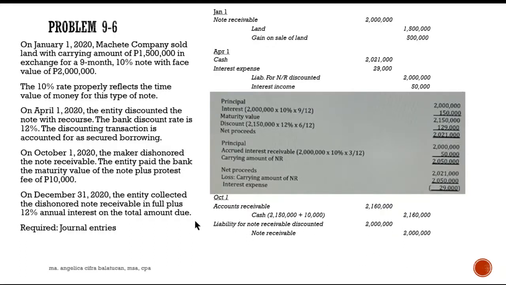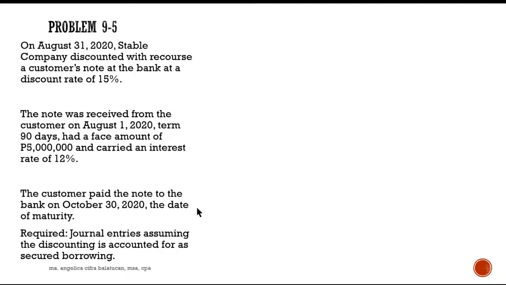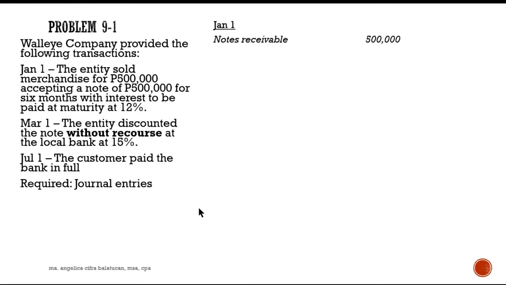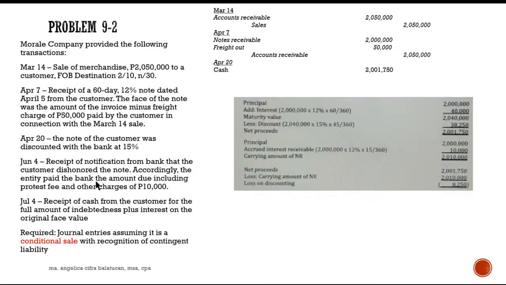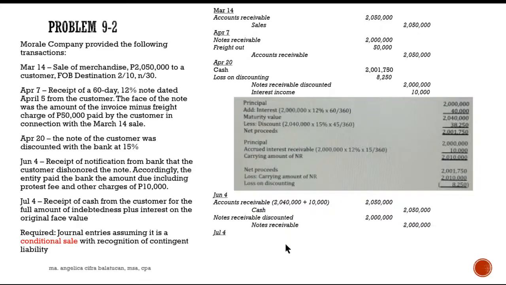So this is different with the previous problem. Katunay default, which this one. Oh, this one is based on original face value. Katong nag-default, di ba si customer, and then nibayad siya nato at tanawa.